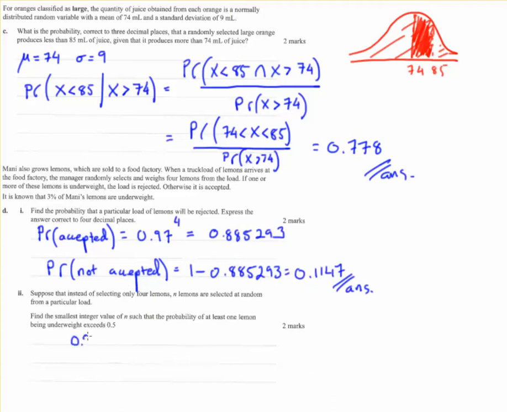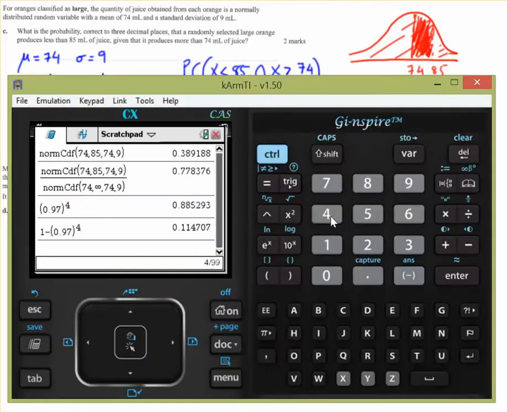The probability of getting a good lemon is 0.97, we put this to the power of n, and we want the value of n that gives us 0.5. You can solve that with logarithms, or with the solve function. Let's use the solve function.